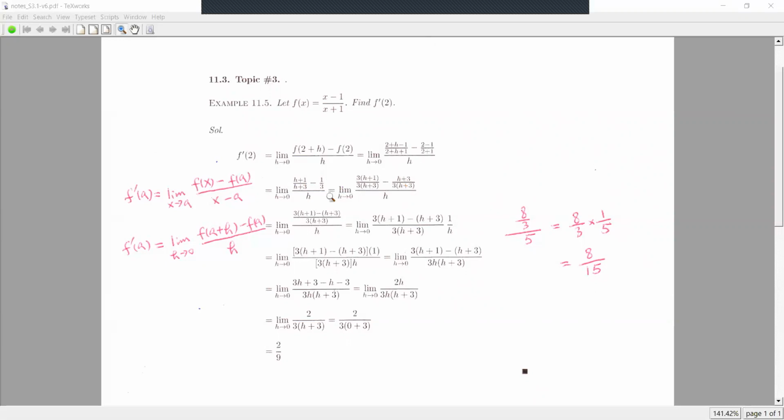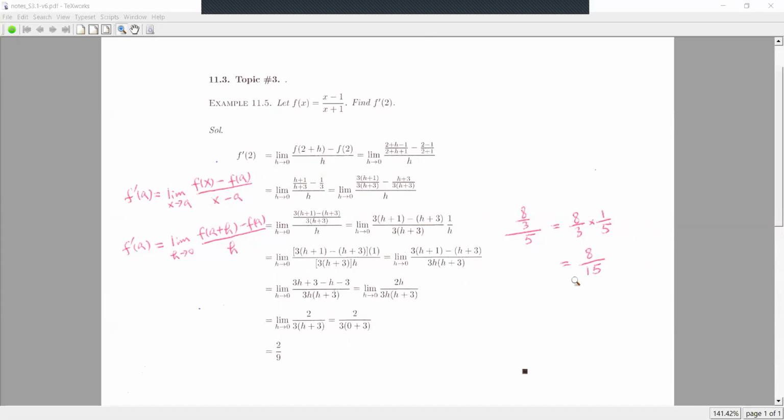Then I have this equation. Now the two terms have the same denominator, so I can combine the two terms to get this equation. This function is a fraction divided by h. I can write this function as the fraction times 1 over h.